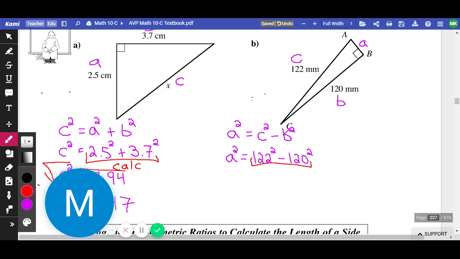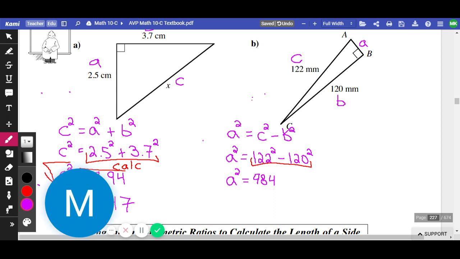When you throw that in your calculator, you're probably going to get a decimal, right? You usually do. It's 122 squared. Oh, no, you won't get this one. Minus 120 squared. You get 484. That's 484.